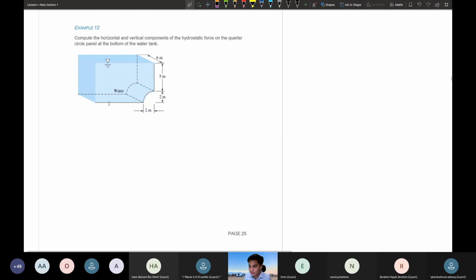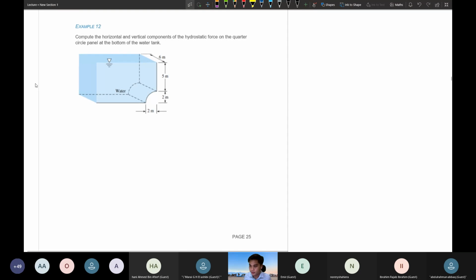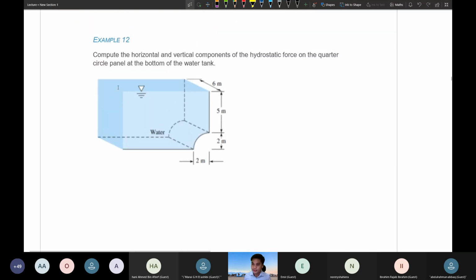So let's take a look at example 12. Please read first and understand. Compute the horizontal and vertical components of the hydrostatic force on the quarter circle panel at the bottom of the water tank. So what is the question asking?